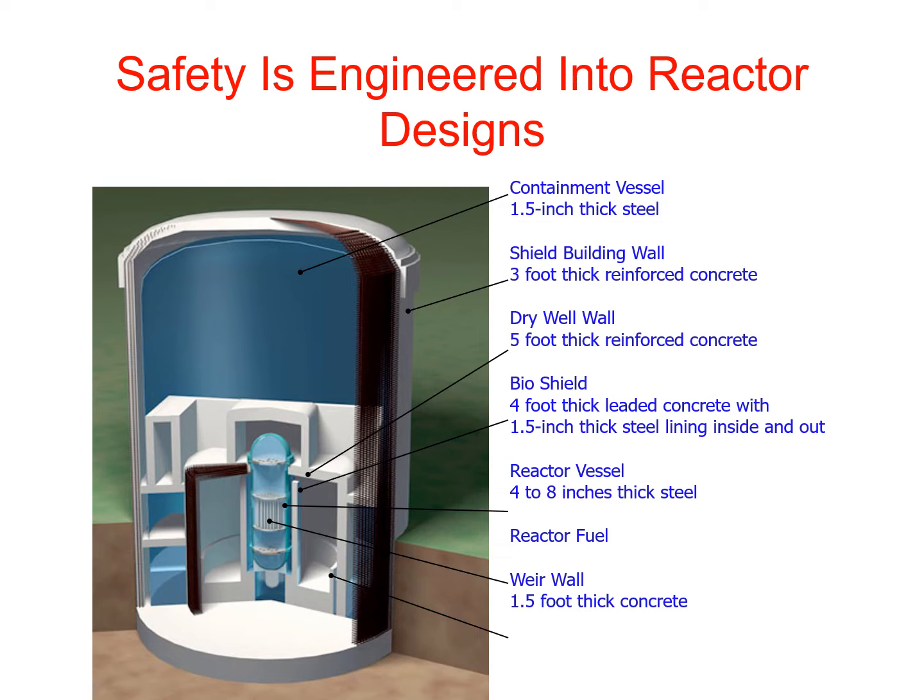So look at this picture. Here we are seeing the cut sectional view of an animated nuclear reactor. How safety measures have been implemented while designing the nuclear reactor is very important.